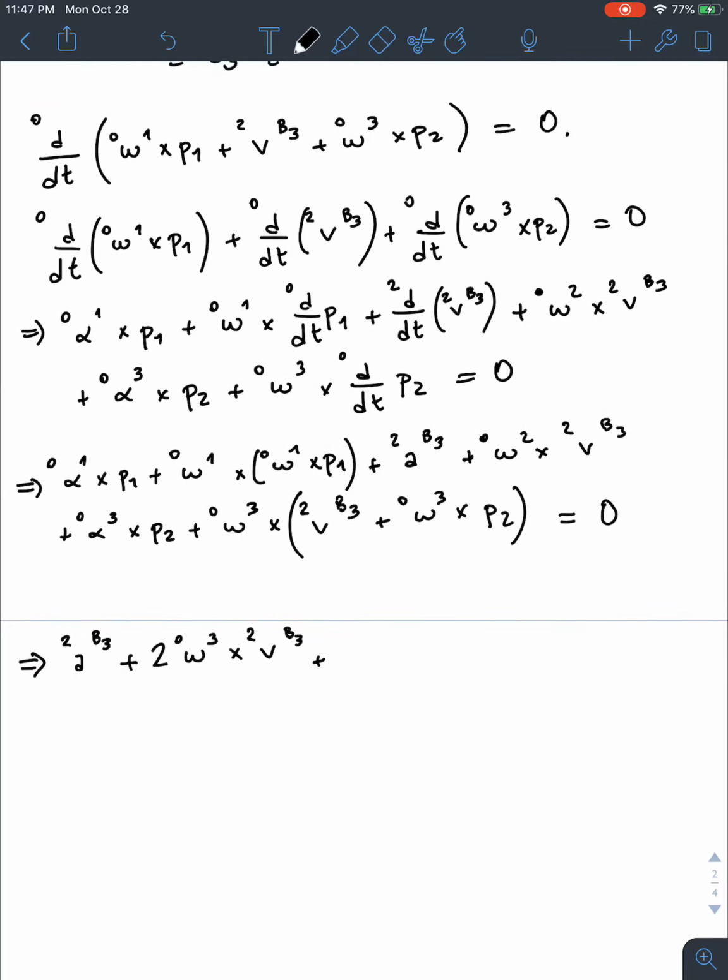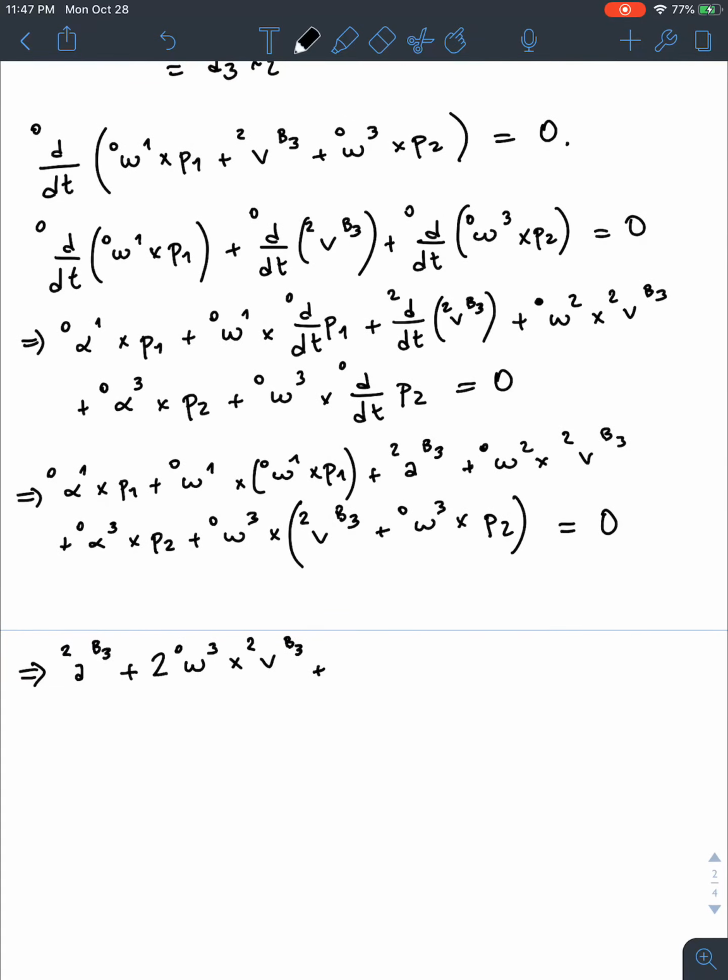Plus, what do we have? We have angular velocity of 1 and 0 cross angular velocity of 1 and 0 cross p1 plus angular velocity of 3 and 0 cross angular velocity of 3 and 0 cross p2.